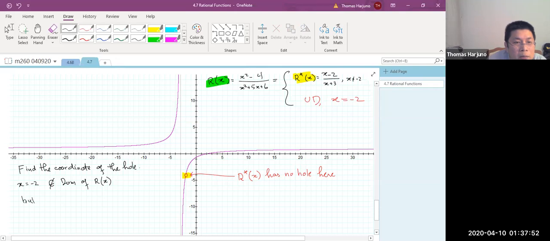But x equals -2 is in the domain of R star of x.